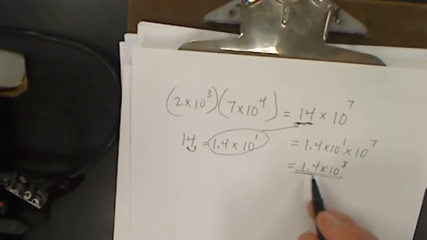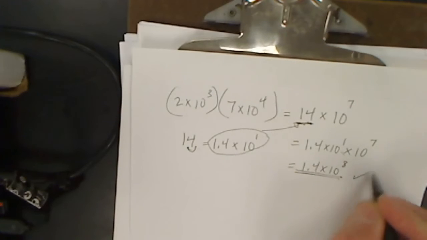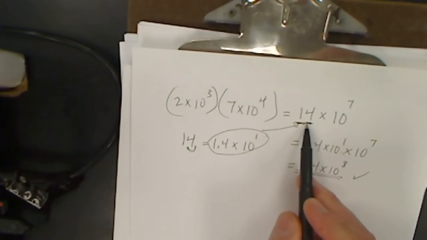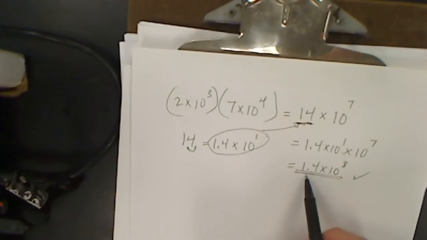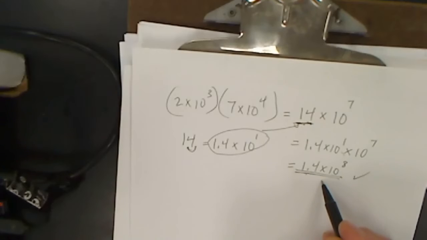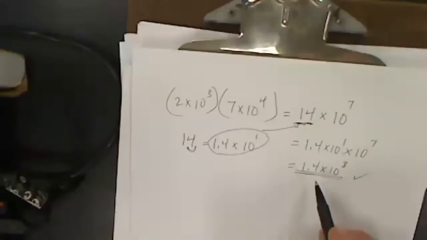Yes. Okay, so this is good notation. This one wasn't quite right, just a little bit wrong. Do you see how we changed it? They're the same number, but this one is in the good format. This one's not quite as good. They're the same number though.